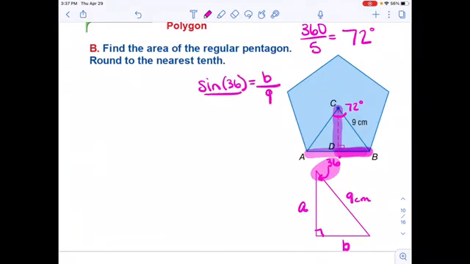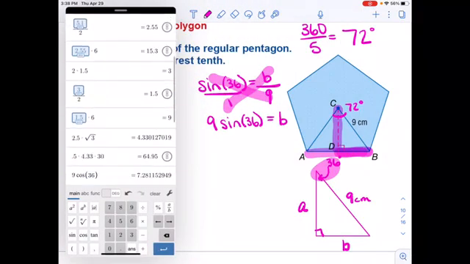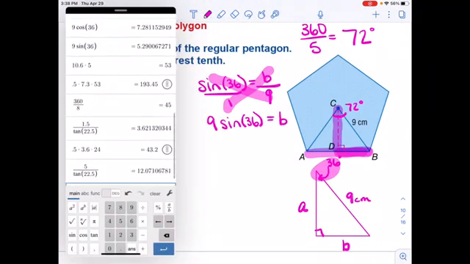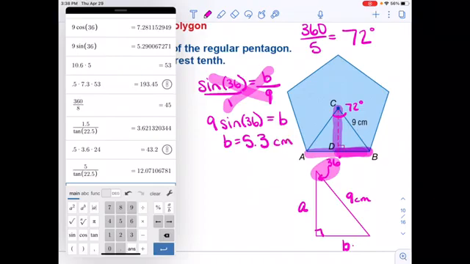I like to think of these as a sort of cross multiplication problem, where it is a proportion, and then I solve it. Now, when I plug in 9 sine of 36, I end up getting 5.3 for my base.